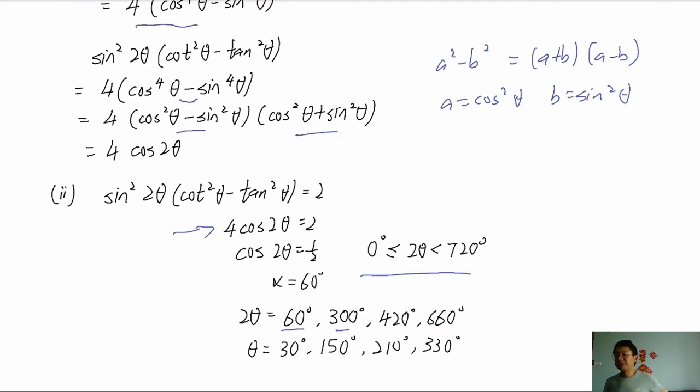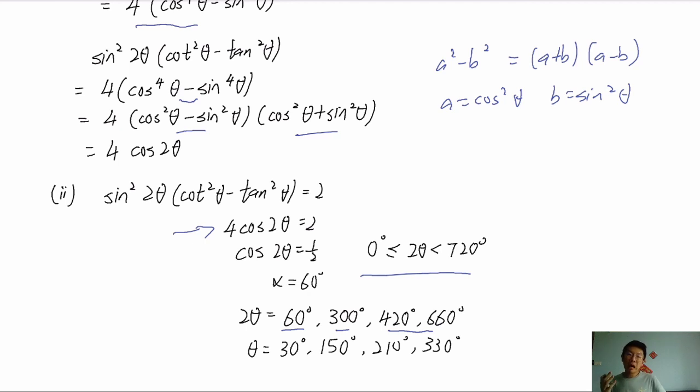From there, we see whether we need to add 360 to the angles or subtract 360 to get all the angles we need in the range for 2 theta. In this case, we need to add 360 to both 60 and 300 to get another 2 values, so we have 420 and 660.